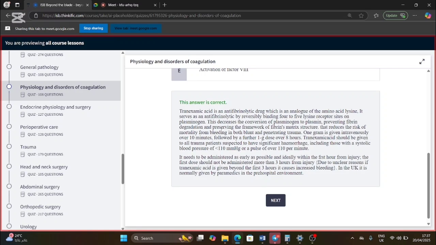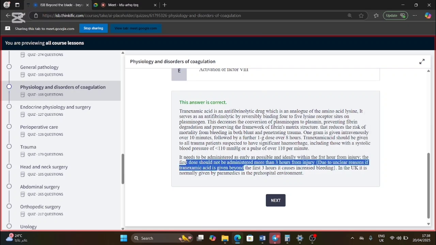The other important point in this explanation is that it is given routinely in all bleeding trauma patients. You don't have to remember the dose. It says 1 gram is given over 10 minutes, then 1 gram over 8 hours. It needs to be administered as early as possible, ideally within the first hour.